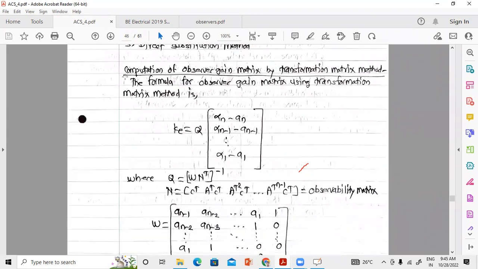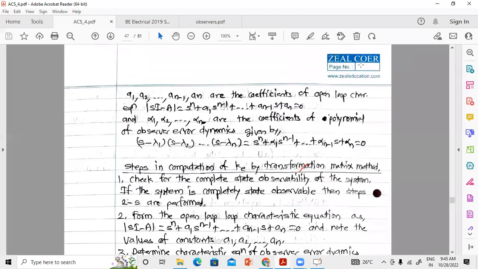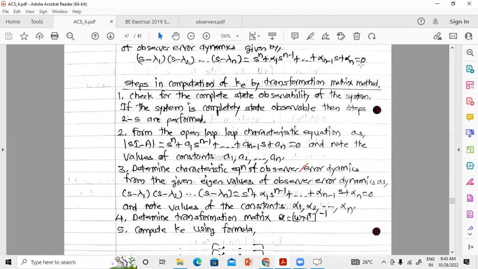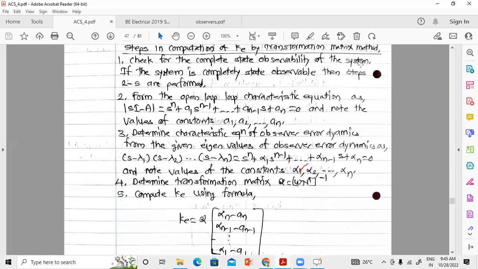So here the first one is computation of the observer gain matrix by the transformation matrix method. I will not go into that detail now. You can see all these steps and you can solve numericals on that. Numericals are also given here. So the first step is to check the complete state observability of the system.